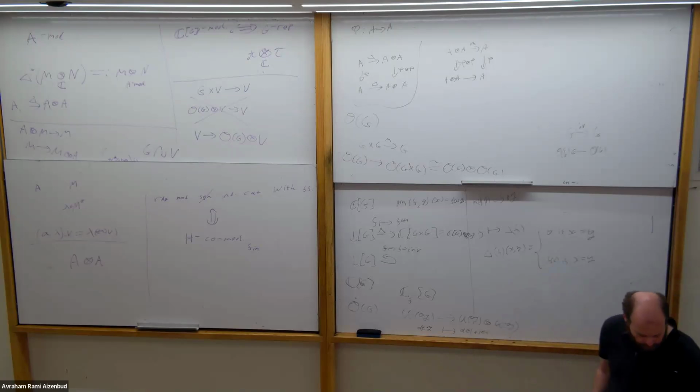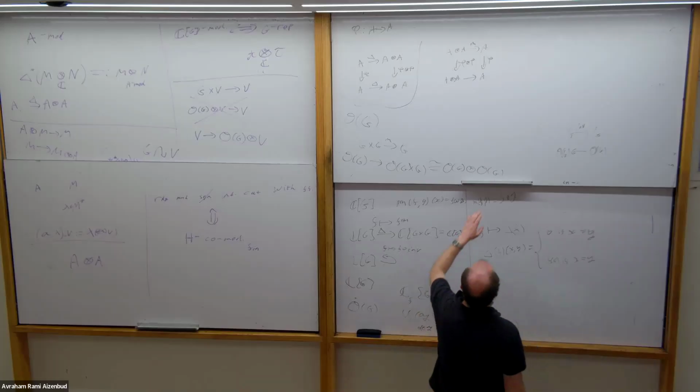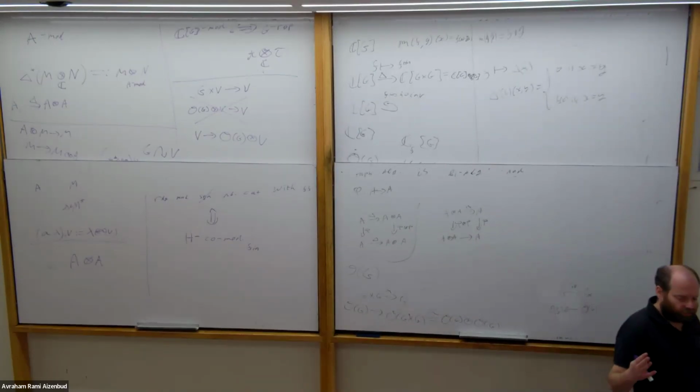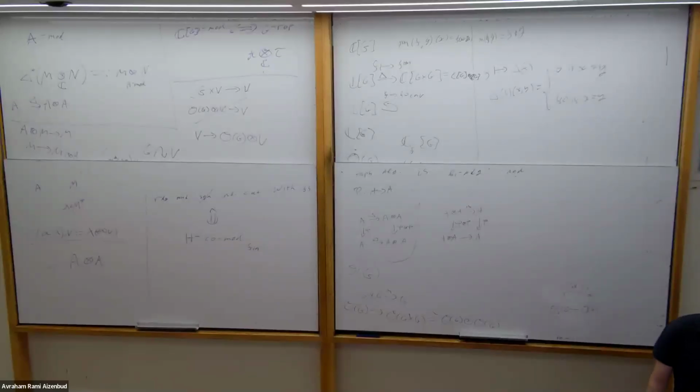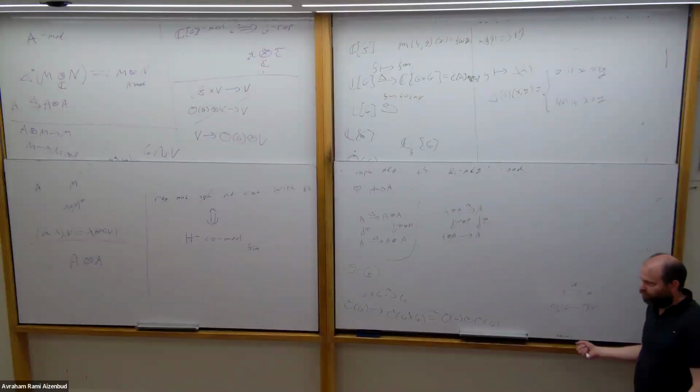So, now I wanted to give some example. So we already had an example of a rigid monoidal braided category, which is not symmetric, which was free.